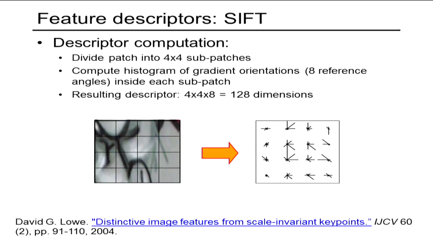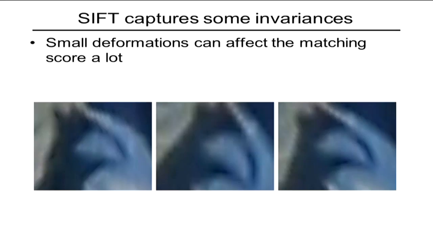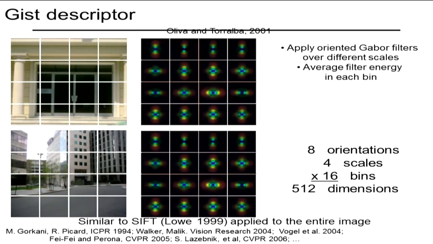There have been a lot of other similar ways of doing this. This is an example of 3 patches, and it turns out that the SIFT descriptors of all of these 3 patches are very similar to each other. It's almost identical. So it allows you some invariance, and still says, okay, it's the same patch.